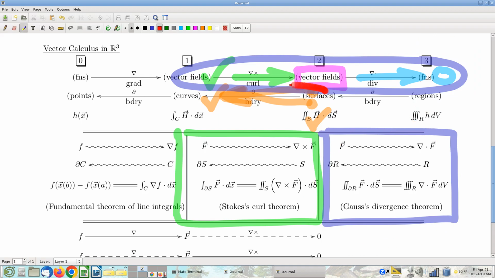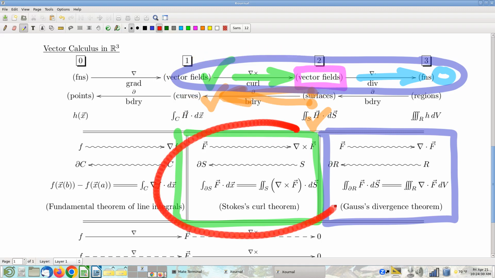Which are, of course, also those vector fields that are surface independent. And because they are curls, another option on the table for how to compute, if you can make the logistics work out, is Stokes' curl theorem.